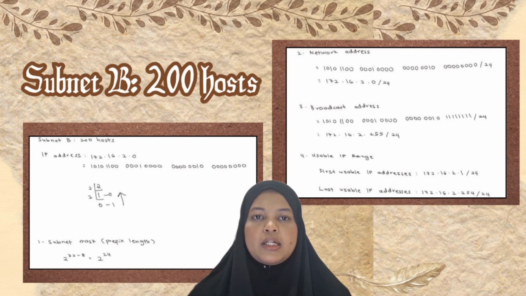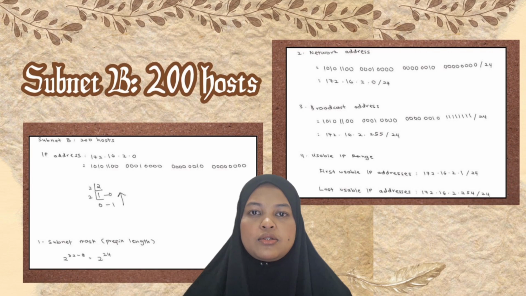It is because after we plus 1, the last IP address is 255, and after we plus 1, we get 256. After changing 256 to binary, we get 9 bits. So we have to change it and it becomes 172.16.2.0. So we use that as our new IP address.